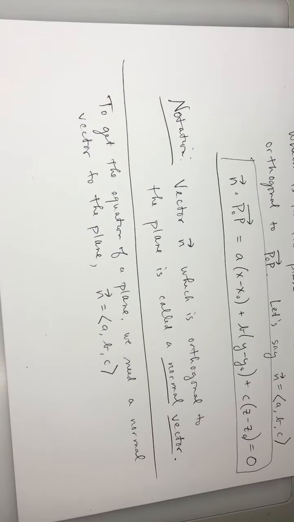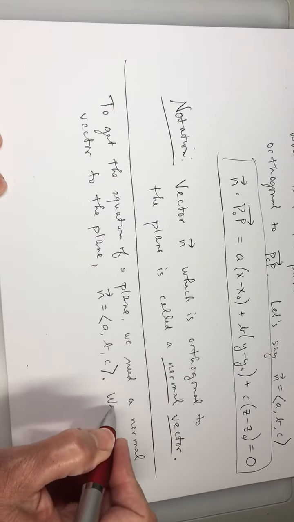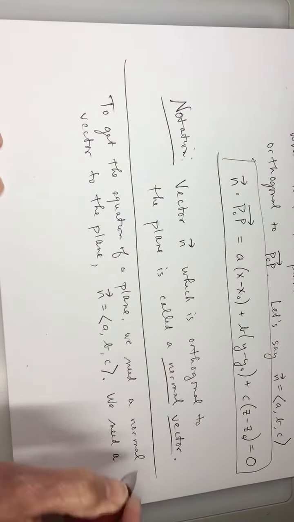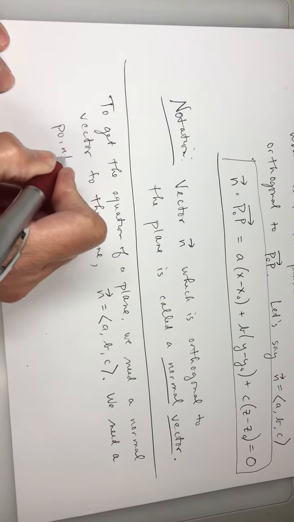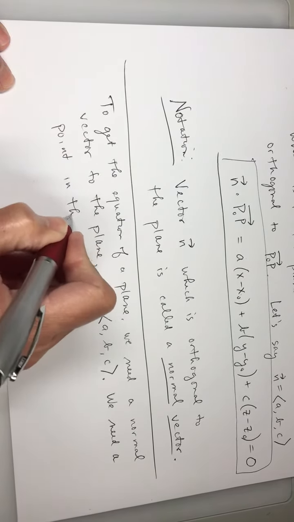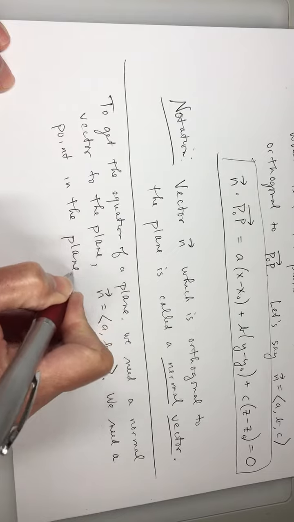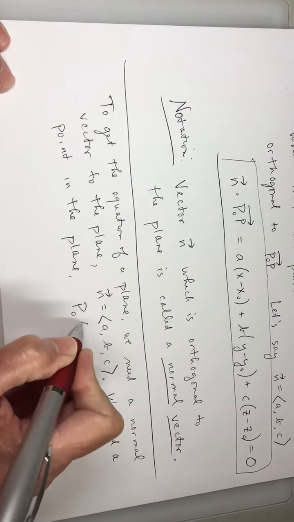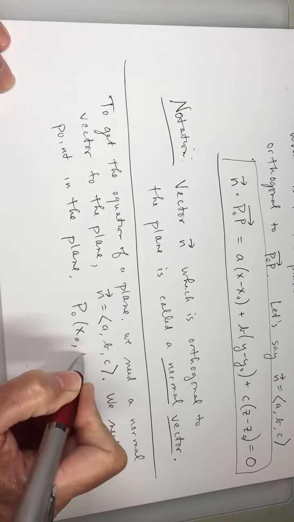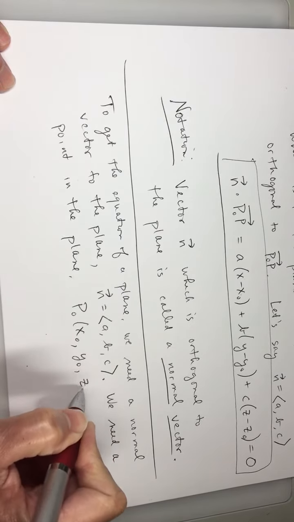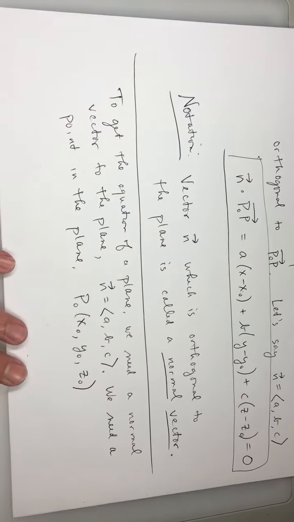And then we need a point p sub 0. We need a point in the plane. And this is p sub 0, which is x sub 0, y sub 0, z sub 0.